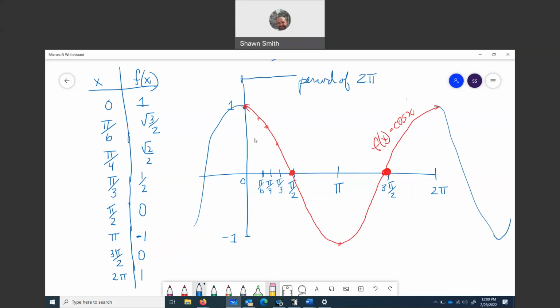And you say the period of 2 pi is because that's when you make that full revolution around the unit circle, you start hitting those same exact coterminal angles now. All right, so some properties of this one.